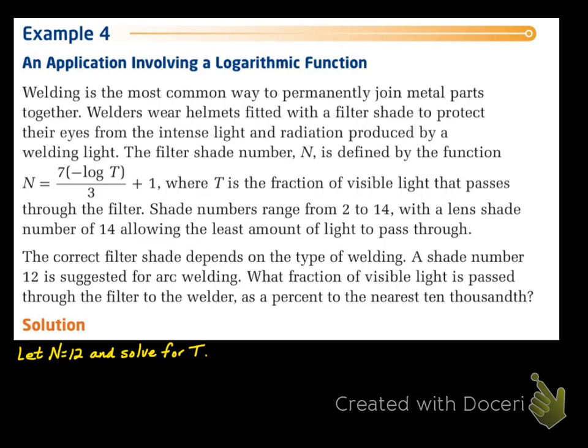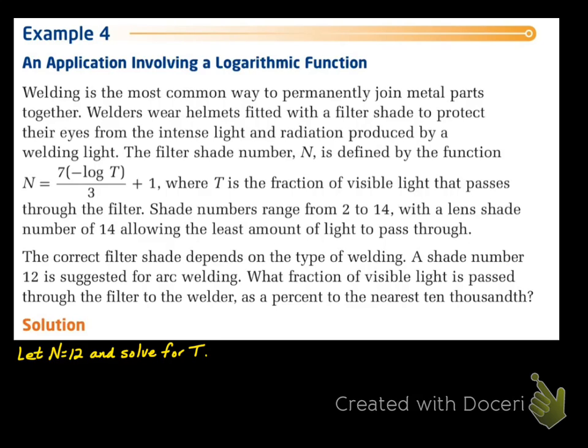Shade numbers range from 2 to 14, with a lens shade number of 14 allowing the least amount of light to pass through. The correct filter shade depends upon the type of welding, and a shade number 12 is suggested for arc welding. What fraction of visible light is passed through this filter of the welder as a percent to the nearest 10,000th?